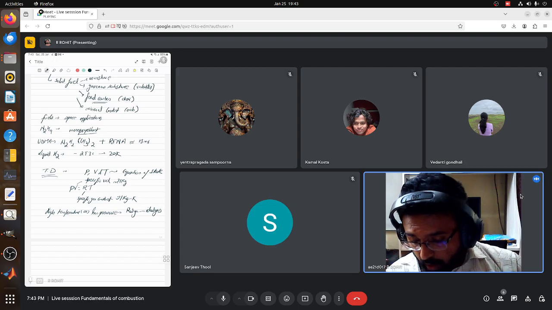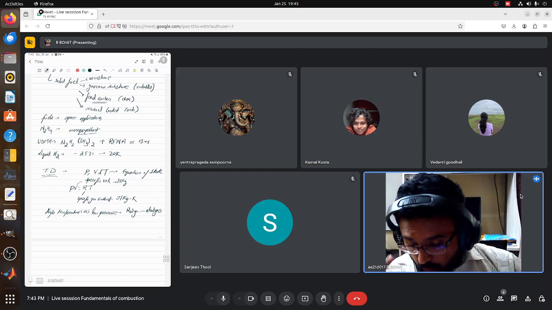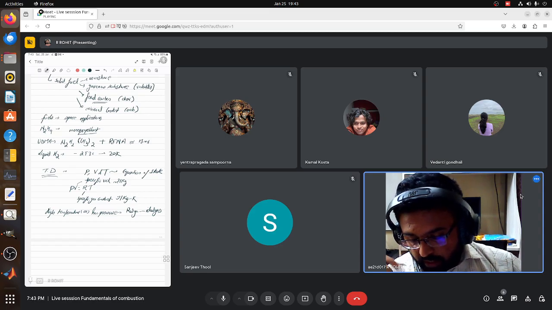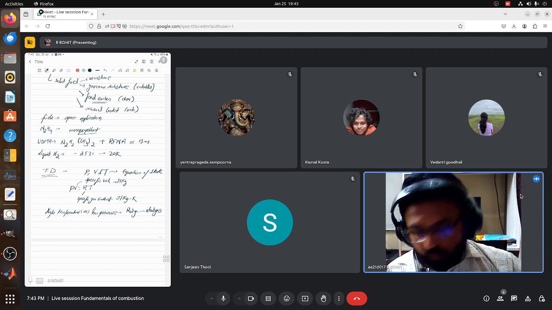Then, according to Avogadro's hypothesis, as you might have seen in the lecture, 1 kilomole of any gas at standard atmospheric pressure of 1 bar and temperature 273 Kelvin occupies the same volume of 22.416 meter cube.